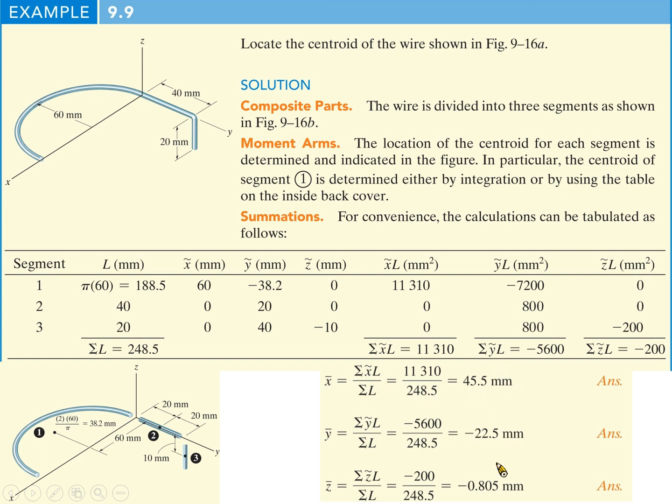This one is x, this one is y, and this one is z value. So x is roughly 45, about here. And y is negative 22, and z is downward. So roughly the centroid for this wire is about this point.